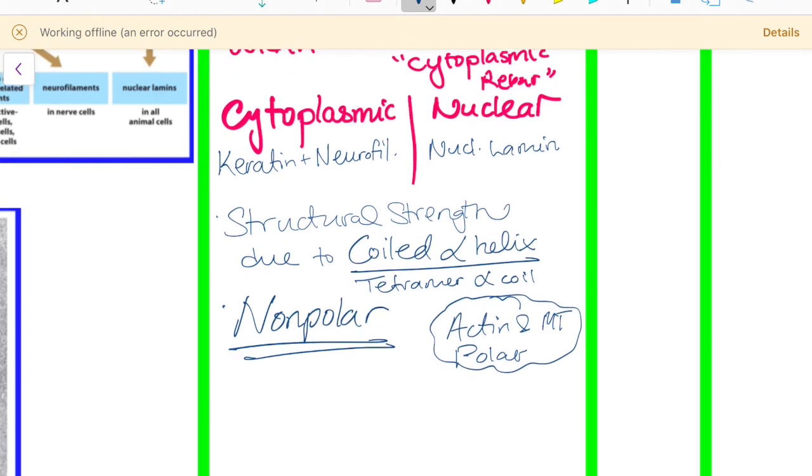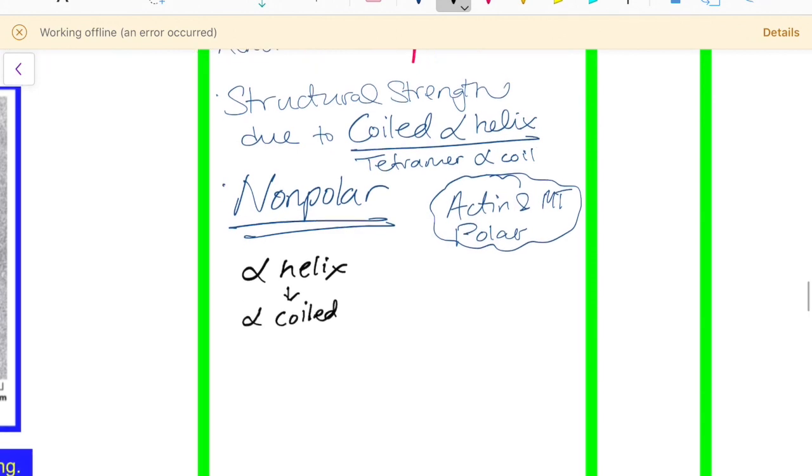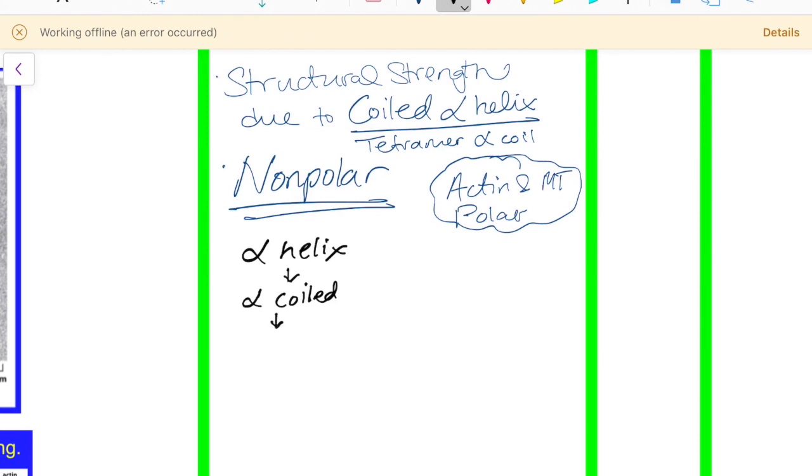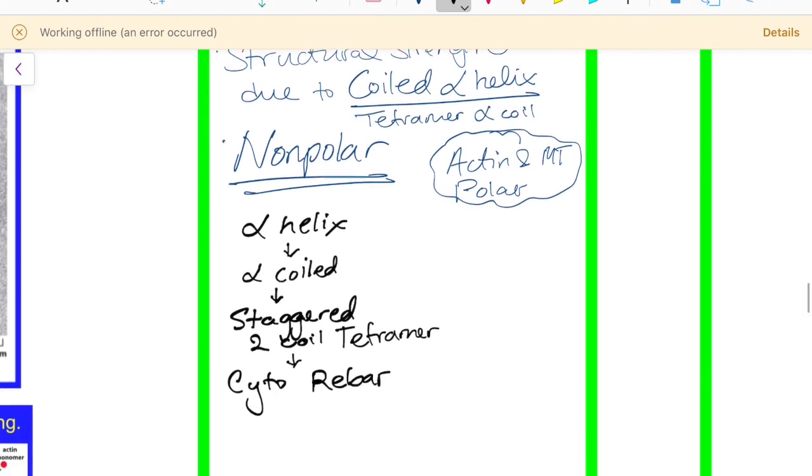So how does this form? You have the alpha helix, which gets coiled. So you have a coiled alpha helix. Then you get the staggered arrangement of two alpha helices, or coils, staggered two coils, and that gives us our cytoplasmic rebar, or the shear resistance.